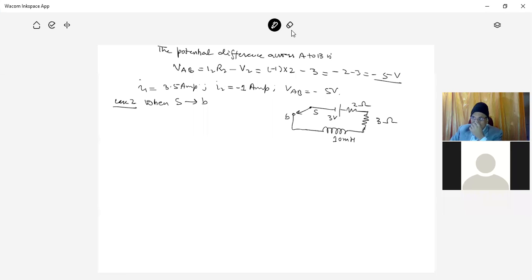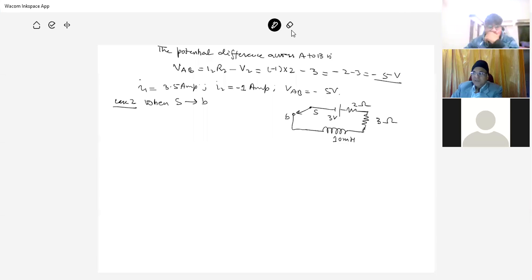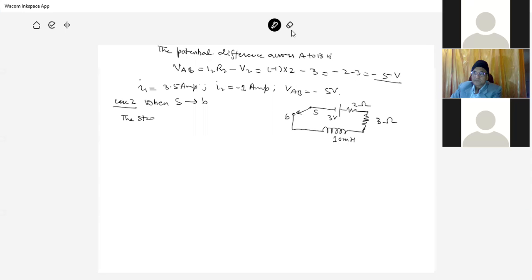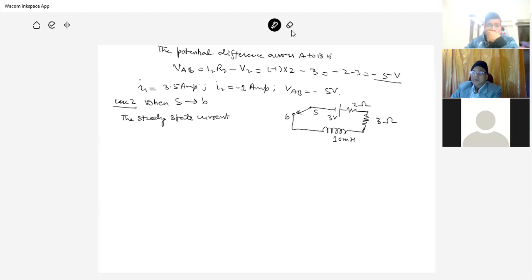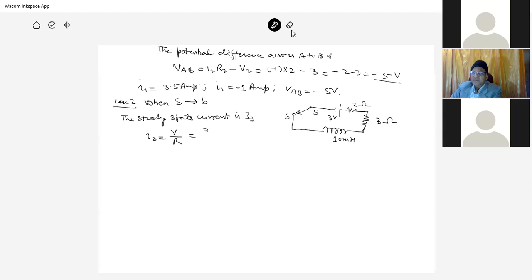So if it is connected, then at the steady state, the steady state current is I3, and this I3 is equal to V by R. V is 3 volt, and this R is 2 plus 3, that is 5.